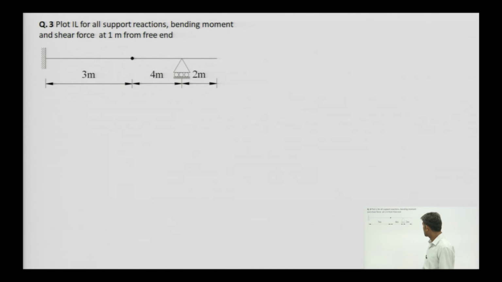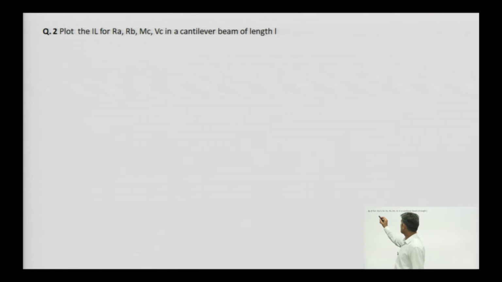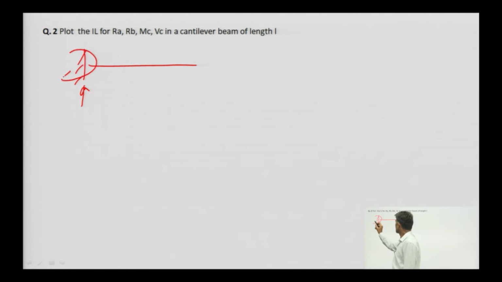In the previous slide, a cantilever beam is there, okay, and we need to make the IL for all supports. So, the supports are these two, okay, horizontal no need to. So, let us plot IL for RA, MA. So, what will be the IL for RA?